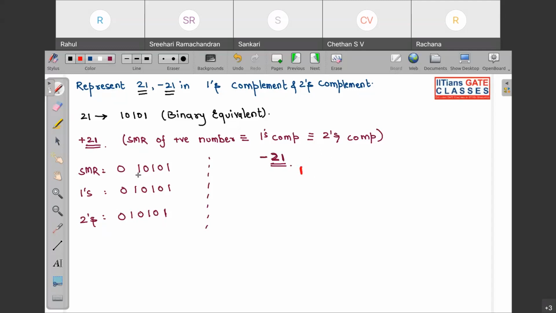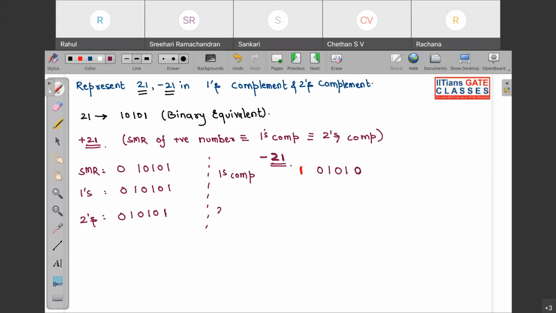And all other bits, like you can see in the sign magnitude representation for plus 21, bit by bit you are going to complement. In 1's complement, the remaining magnitude bits you are going to complement one by one. So that will be 0 1 0 1 0. So this is the representation of minus 21 in 1's complement.